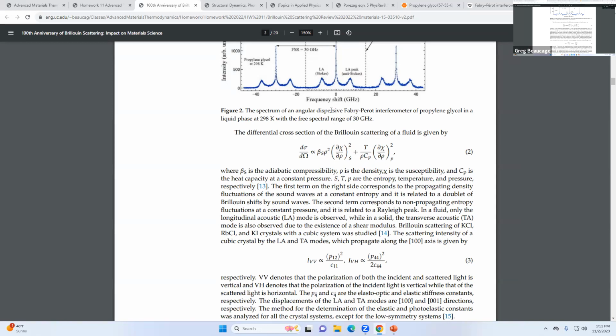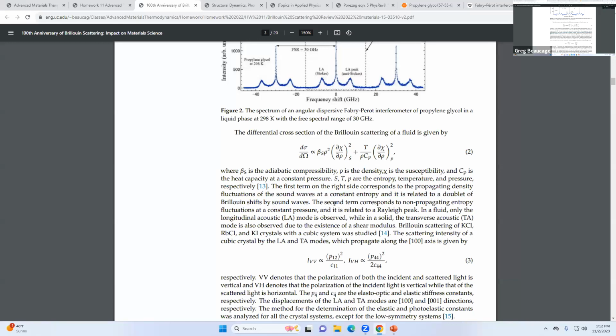I don't know, no place really says, right? And he doesn't say either. He just says, here's this equation, it's from 13. You can't find the book 13. I guess he does say something here. I didn't read that. First term corresponds to probing a density fluctuation at constant entropy related to doublet Brillouin shifts by sound waves.